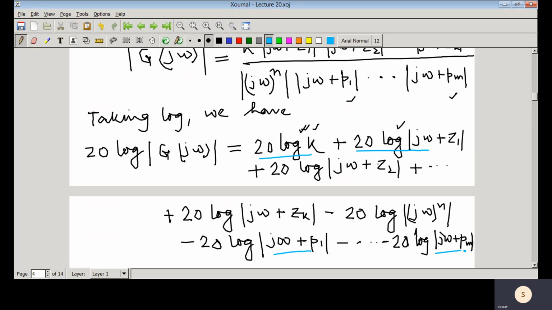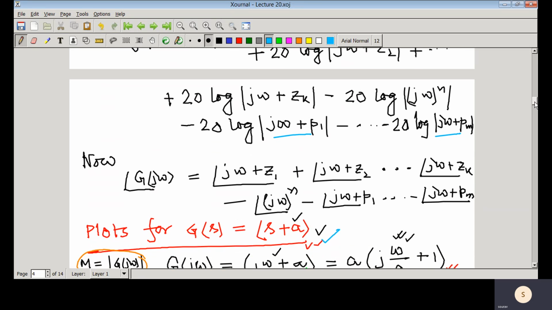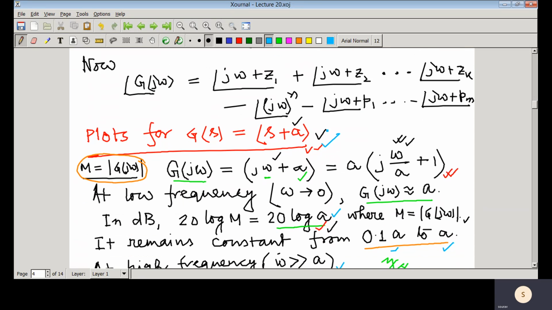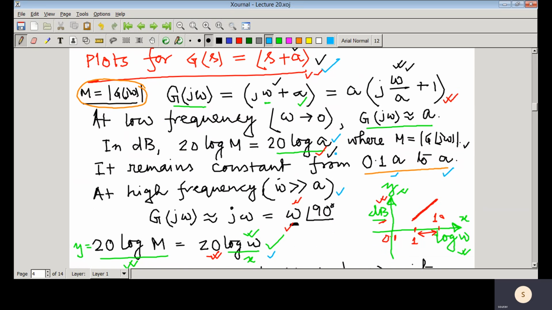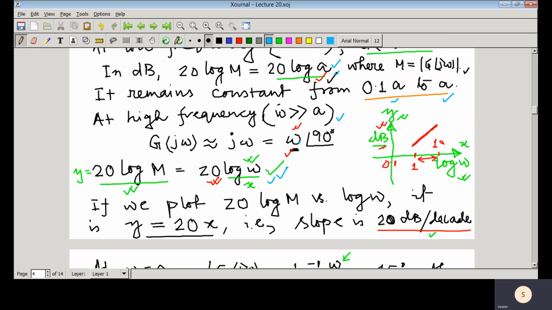Now we are trying to understand that if we have factors like s plus a, what the asymptotes would be. At low frequency it would be 20 log a, and at high frequency the slope is 20 dB per decade. And at high frequency the angle becomes 90 degrees, and the slope of the angle would be 45 degrees per decade.